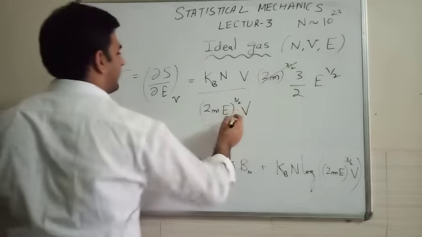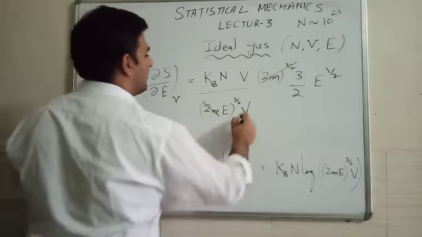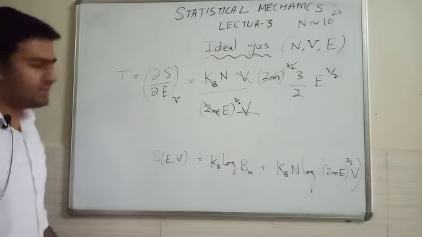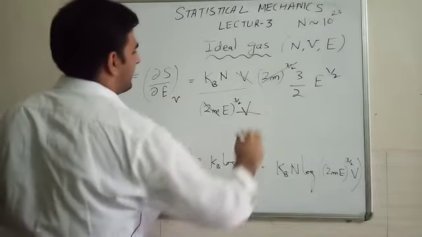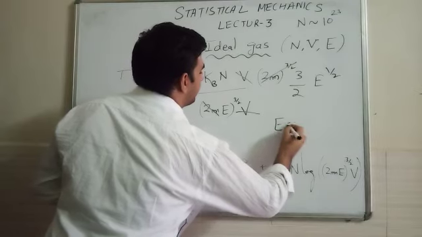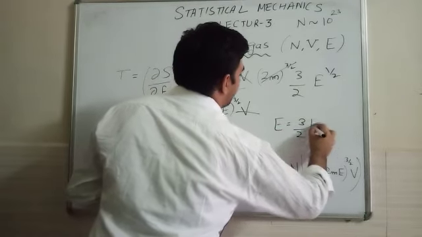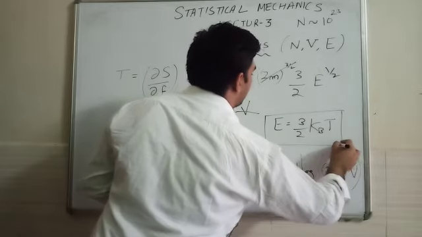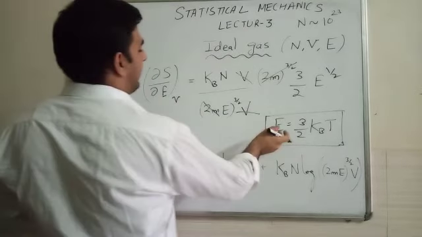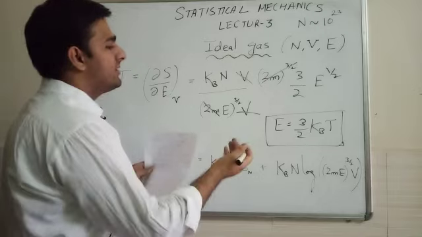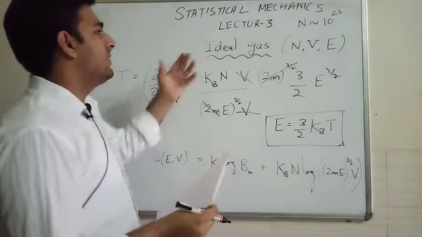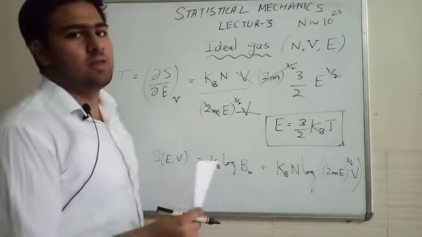You cancel this factor, and we get the temperature. So I just write the last equation: E here is 3/2 kBT. You see that the internal energy of an ideal gas only depends on the temperature, which we knew earlier, and we have now derived this by statistical mechanics.